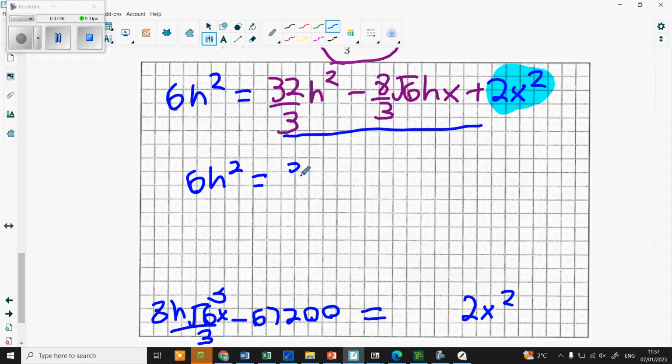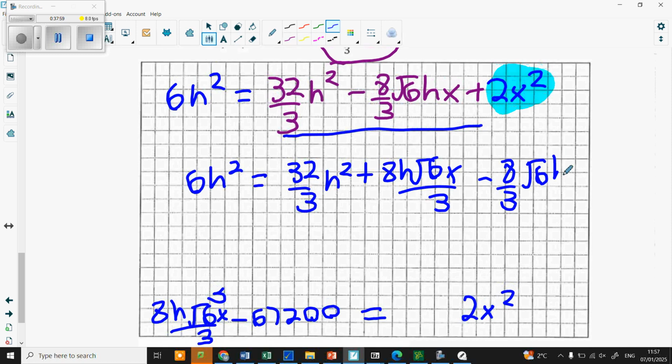So 32 over 3 take away 6. What do you get? 8 thirds h squared, yeah? Bring the 67,200 to the other side. I want you to multiply 67,200 by 3. Then I want you to divide it by 14. And then I want you to square root the answer of that and tell me what h is. Done. 38 minutes.